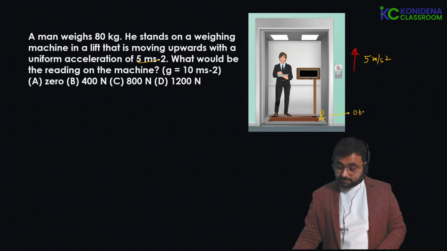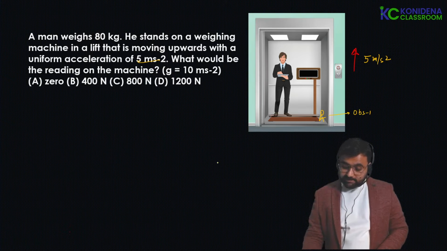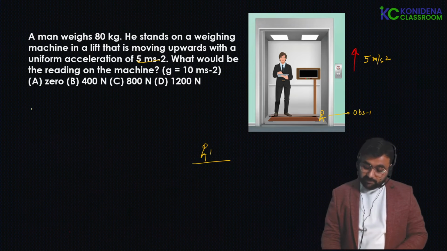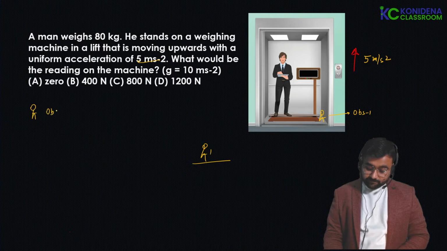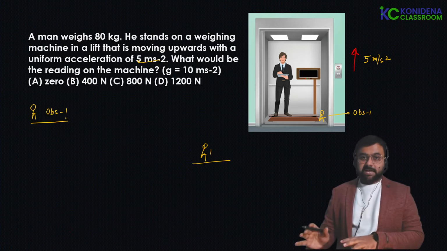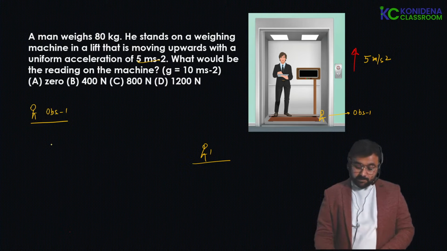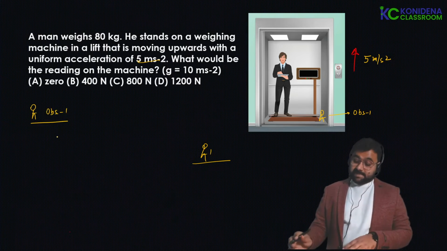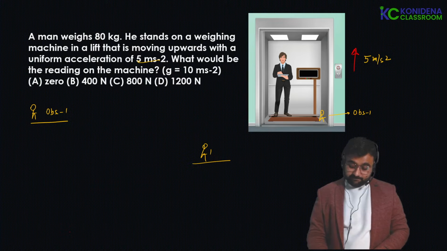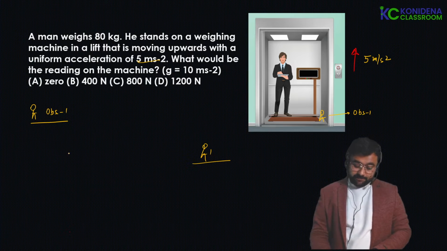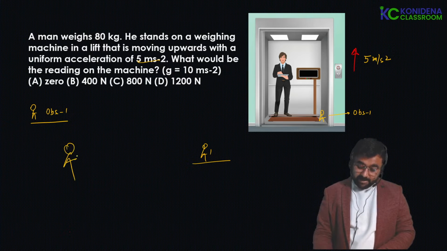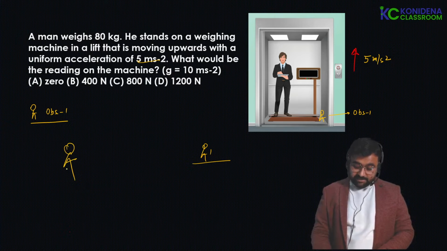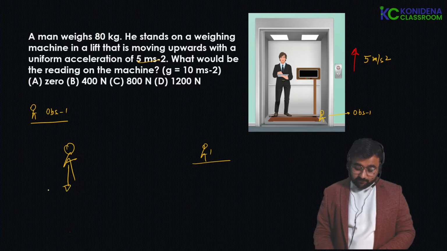This is observer 1, and there is one more observer at the ground level. With respect to observer 1, the person is at rest. Suppose the man has mass 80 kg. That observer will apply the very first force, mg, and we take g as 10.